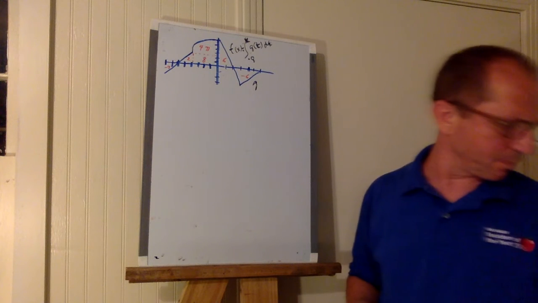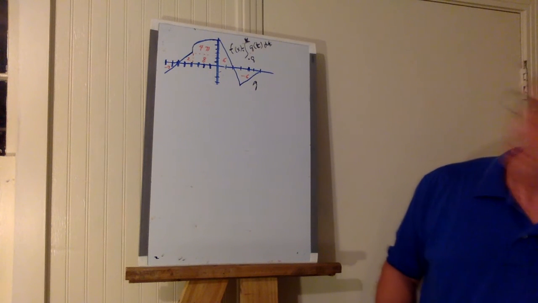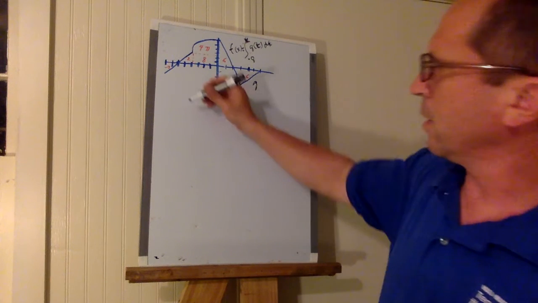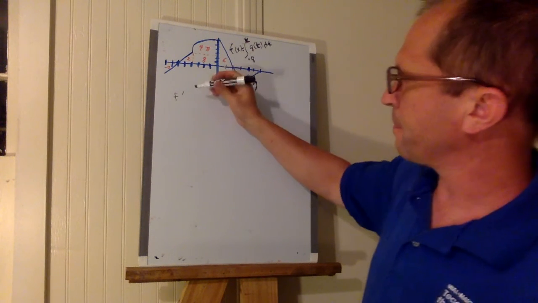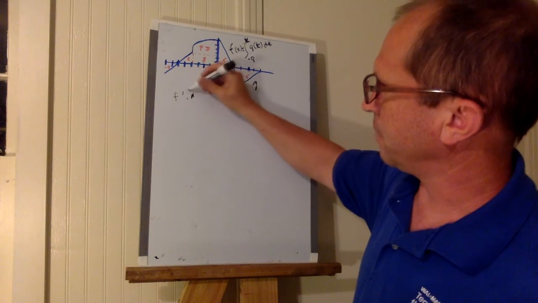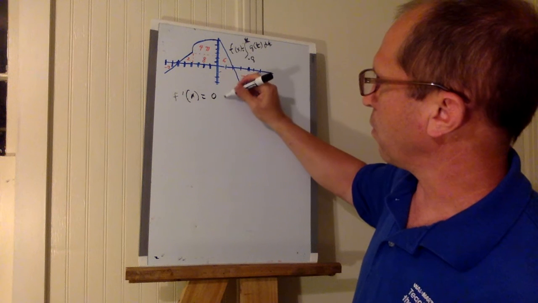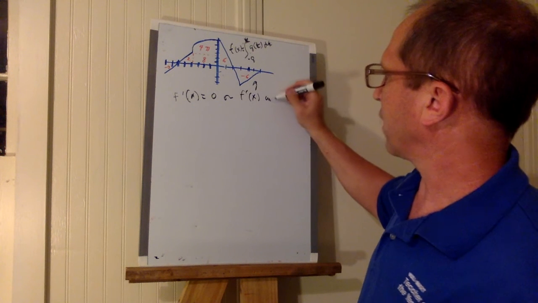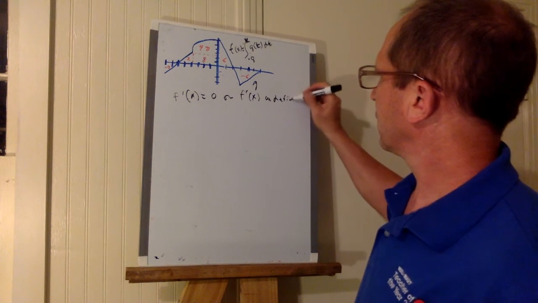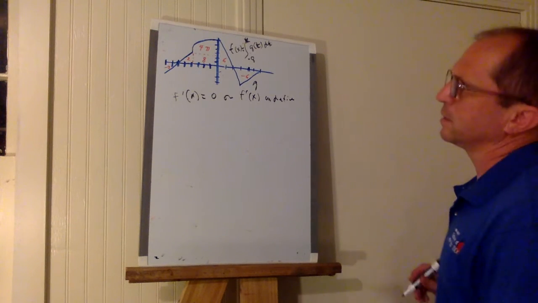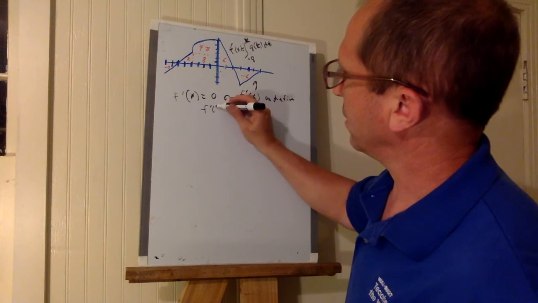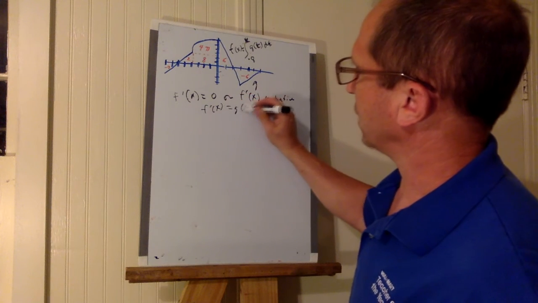All right, now, from this, they ask about the critical numbers. And what do we know about critical numbers for f? We need f prime to either be 0 or f prime to be undefined. And again, f prime is just g of x.